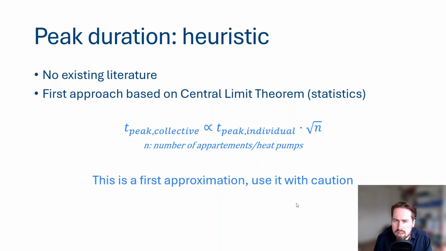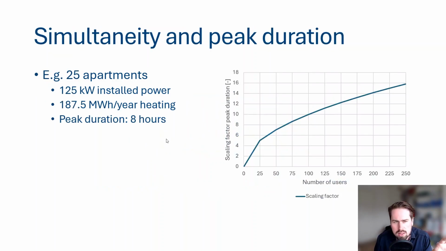But what it will tell us is that in the case, for example, of 25 apartments, and just to recall, we had 125 kilowatts installed power, we had almost 190 megawatt hours per year in heating demand, and we typically have a peak duration of 8 hours for each unit.